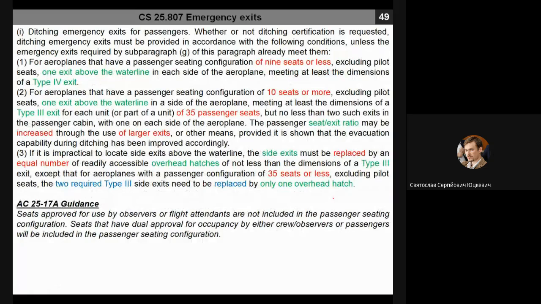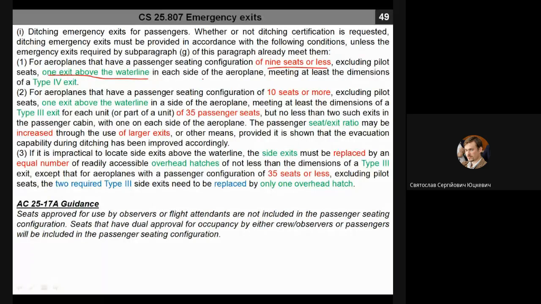So, additional requirements for the ditching emergency procedures. If we have an airplane with a passenger seat configuration of 9 seats or less, there must be one exit above the waterline, and its dimensions must be a type 4 exit. It is 9 passengers per this exit.